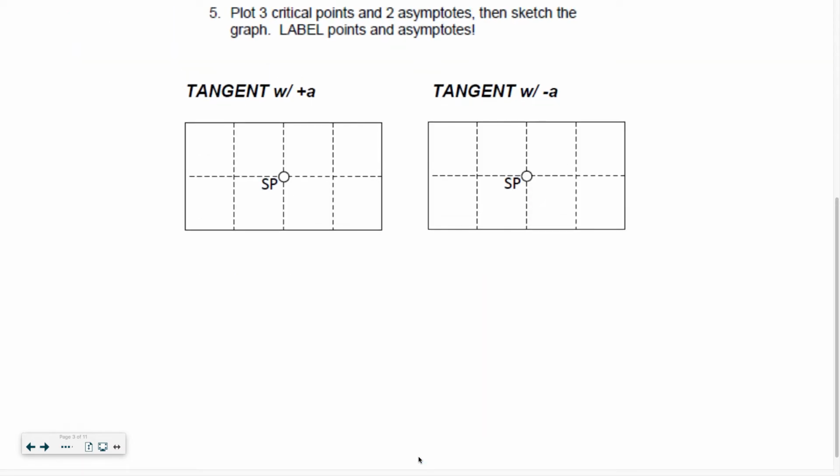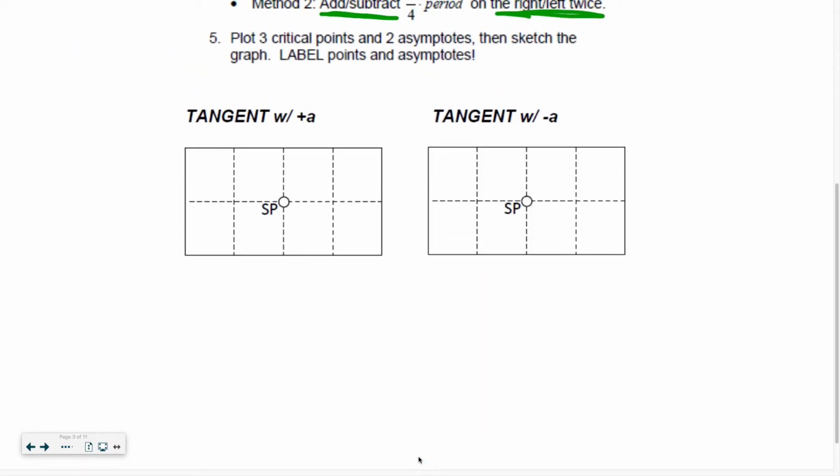So let's make sure we get the tangents in here. Tangent with a positive A. We shifted it so the starting point is in the middle because this was the point 0, 0. If tangent has a positive A, it's increasing from left to right.